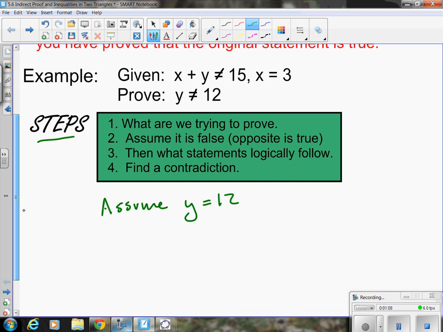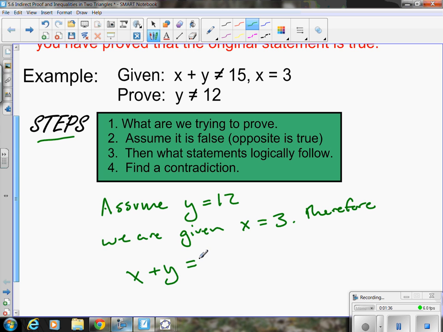So with this assumption, I'm going to also say assume y equals 12. We are given, I'm writing this in a kind of paragraph proof, we're given that x equals 3. Therefore, so here's the logical conclusion, x plus y is the same thing as 3 plus 12, which equals 15 by substitution.